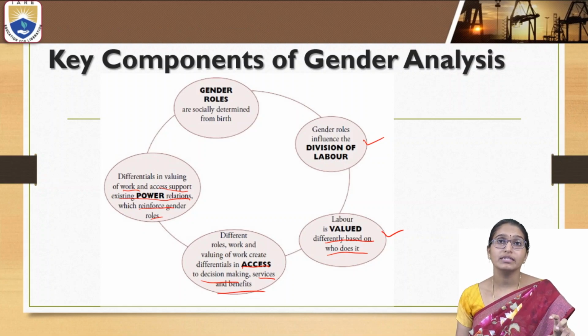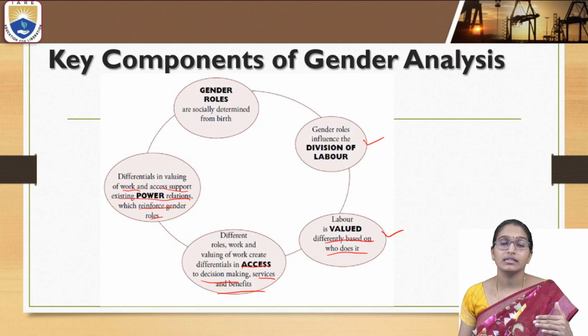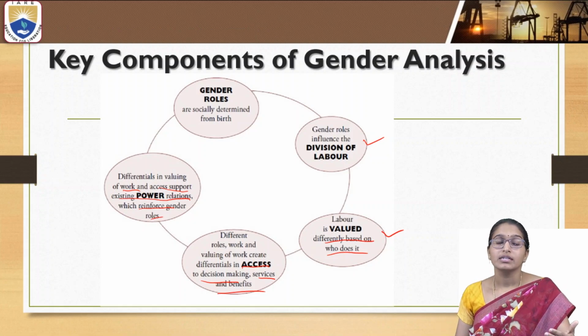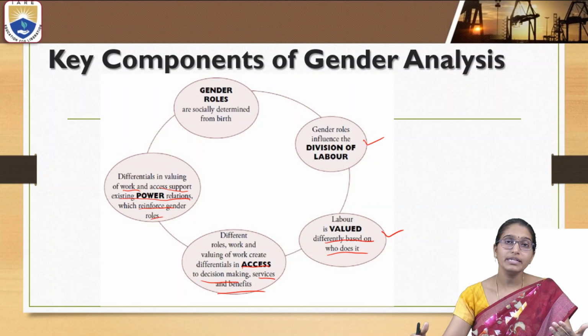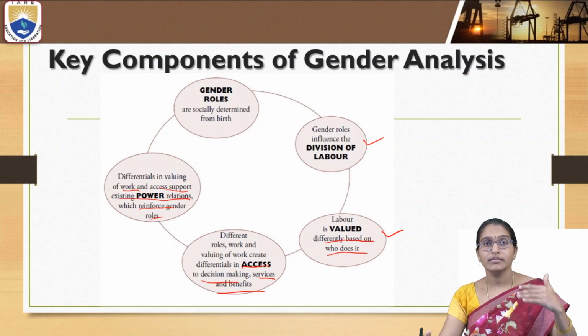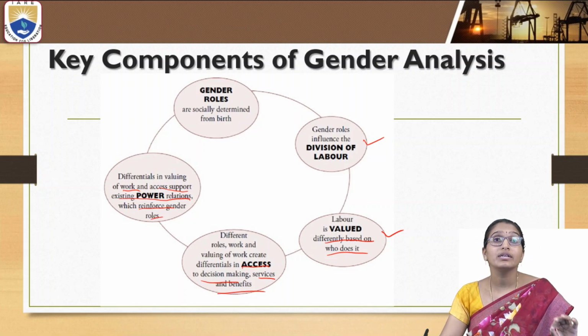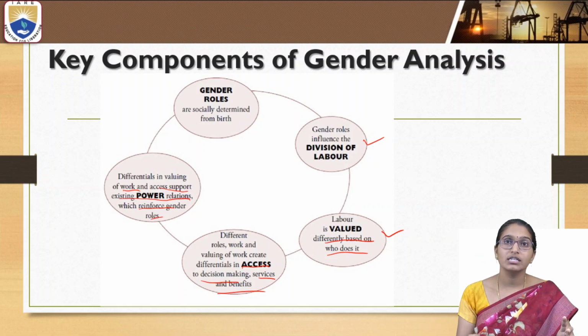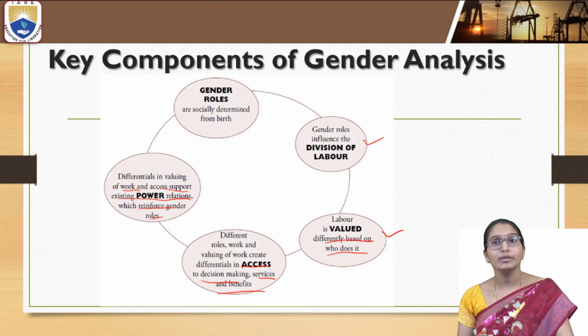So power means the higher authority, the first one, the dominating one, or the head, is given based on the gender. So this kind of discrimination is based on the gender, how they are differentiated, and all these together contribute to the complete analysis of the gender.